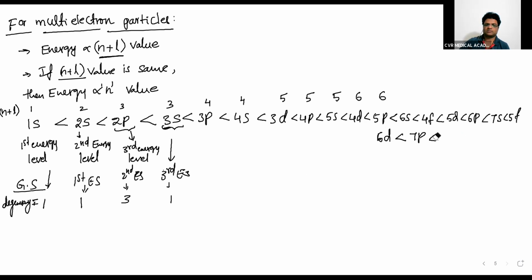Right up to here, 7 shells. The combination of all this, the energy order is given as Euler's diagram. I'll show you that.